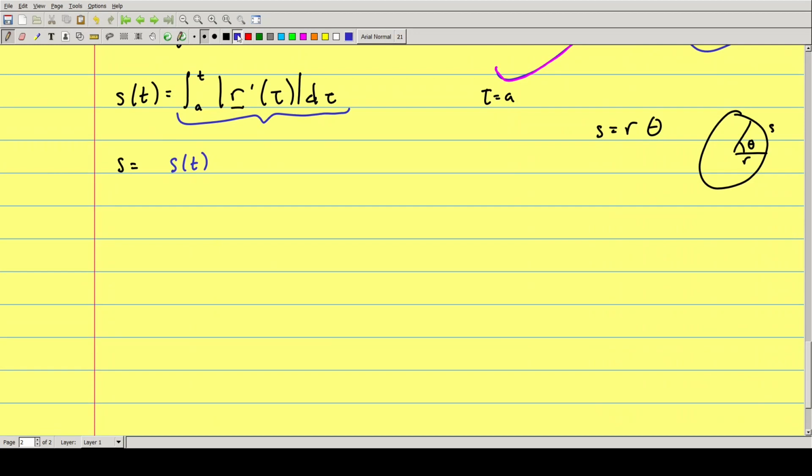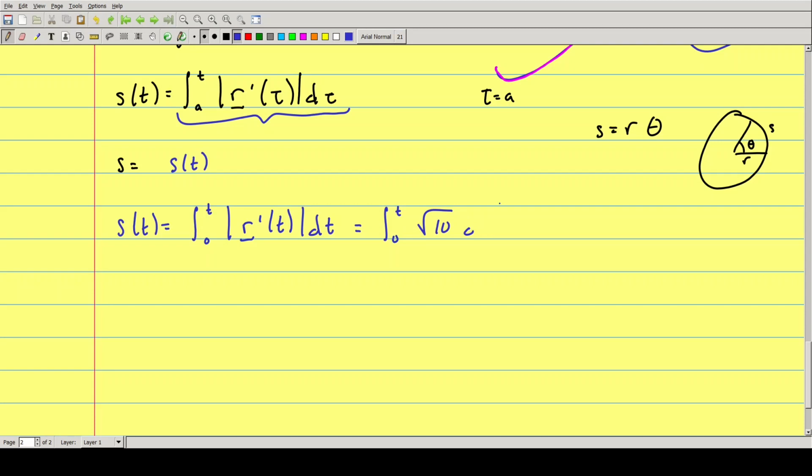So we're going to say that s of t is equal to the integral from 0 to t of the magnitude of r prime from our previous computation.